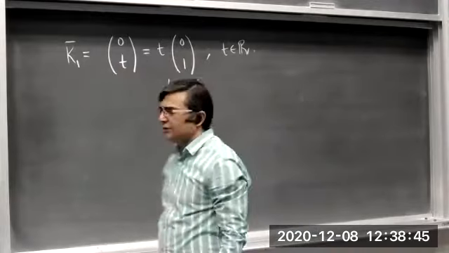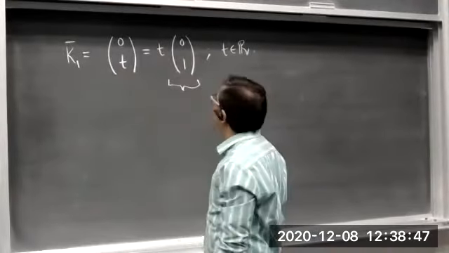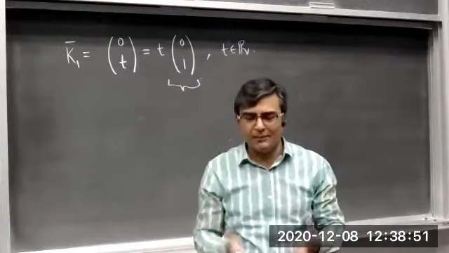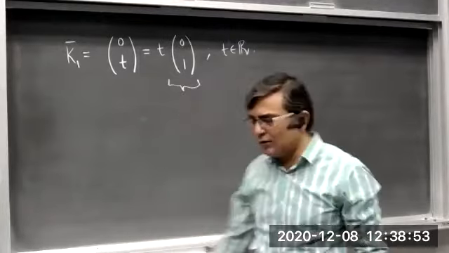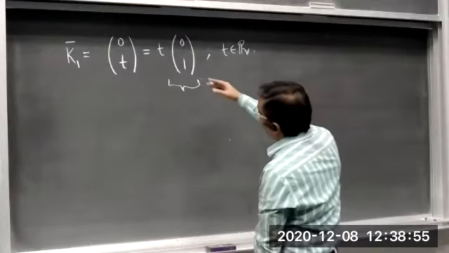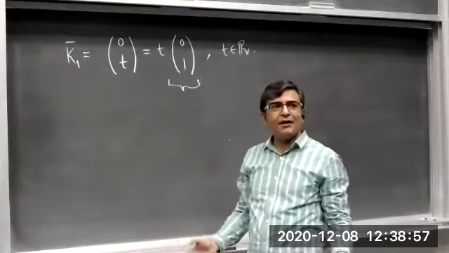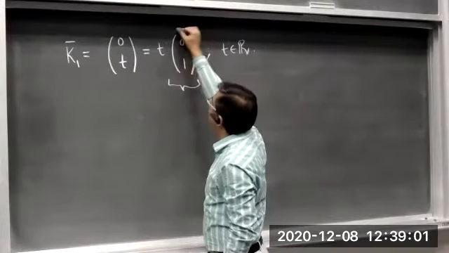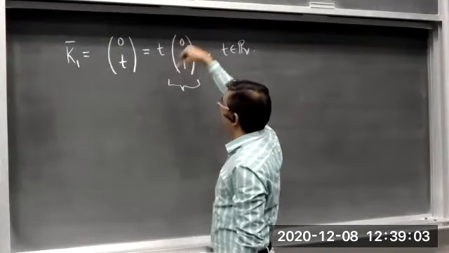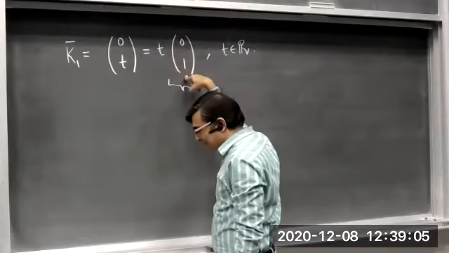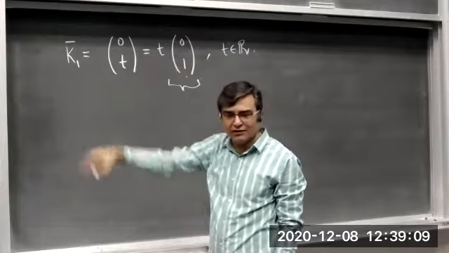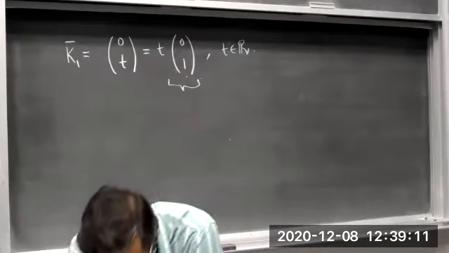So the only vector which generates that eigenspace, you must have studied in linear algebra, these vectors basically generate eigenspaces, but we take only the vector which is the basis for that eigenspace. So this is the main vector which generates that K1 eigenspace.